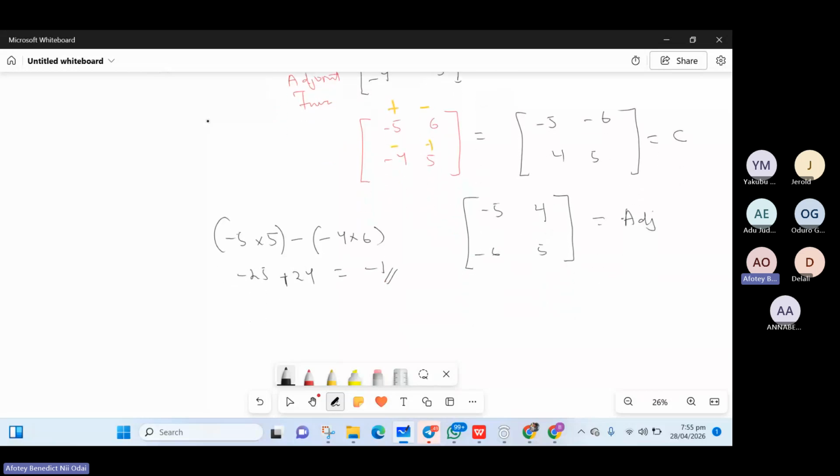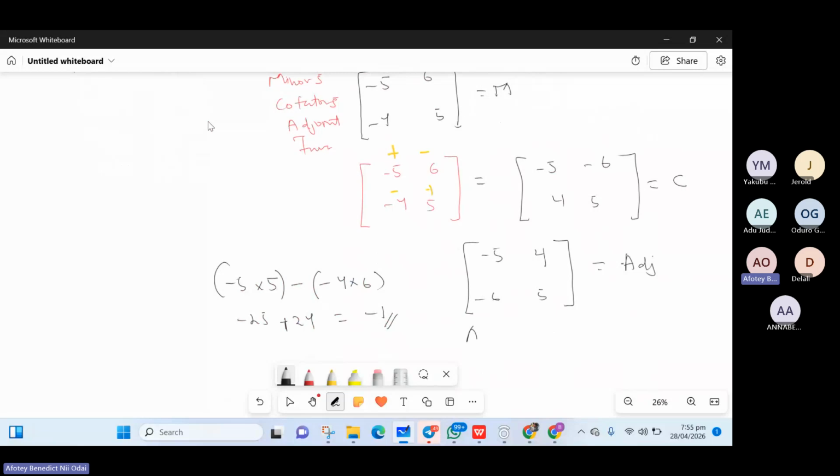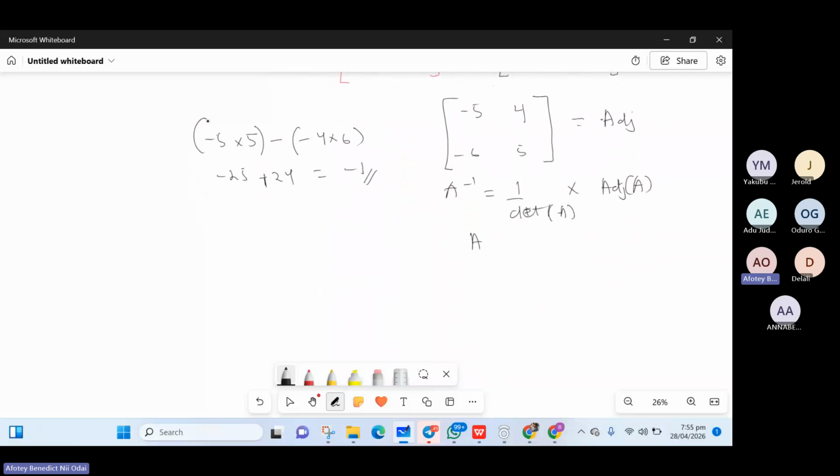So the inverse of the matrix, A inverse, is equal to 1 over the determinant of A multiplying the adjoint of A. We have the determinant to be equal to -1, so 1 over -1 times the adjoint, which is -5, 4, -6, and 5.